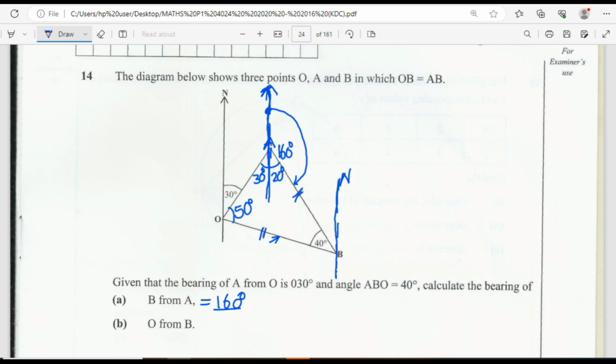So we are coming from B, going in this direction until we are here. Then how can we find this angle?